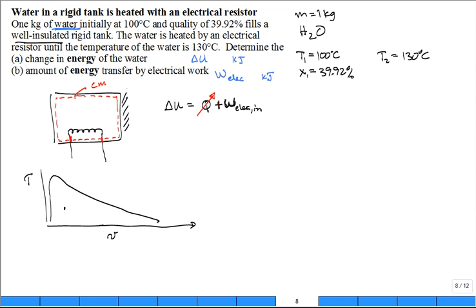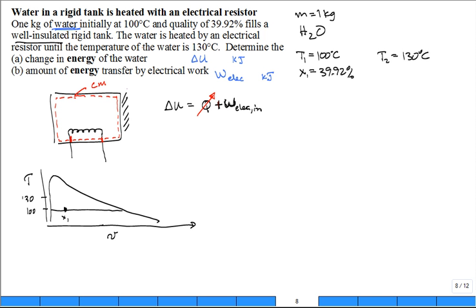Either one, right? So we know it's at 100, and it's going to end up at 130, and it starts off at this line right there. It starts off at a quality of 40%, roughly, 39.92%. I don't know exactly where it ends. Help me out, somebody else.